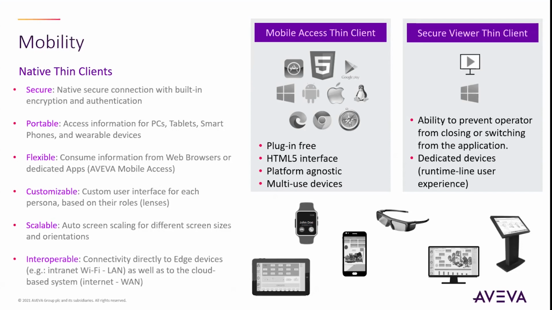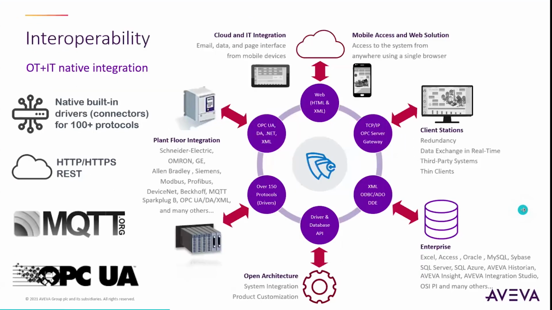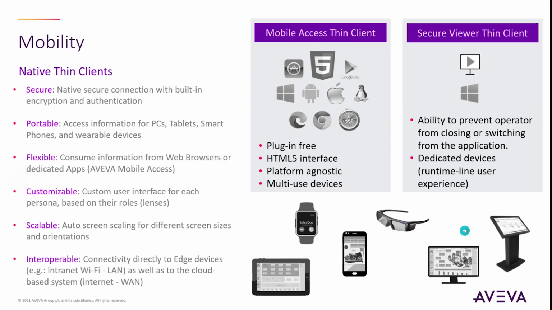With this mobile access, you do actually have the ability to have read-write access if you wanted to set that up, and you can restrict that based on user and group permissions as well. Also, one quick thing: no matter how you're viewing your Edge application, we do have auto screen scaling, and this means that the screens can adjust based on screen size and orientation.